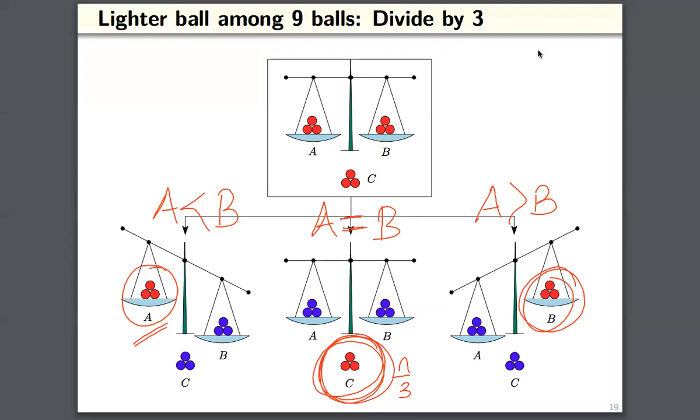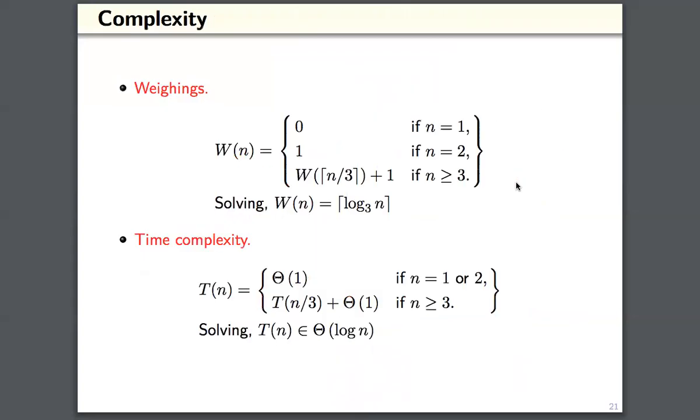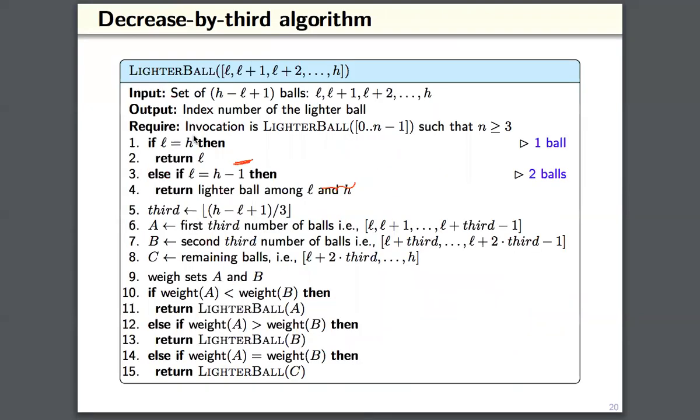So we see that the complexity reduces to log n base 3, because in every step, we are splitting n into 3 groups, and this will be n by 3. Okay, let's see the code.